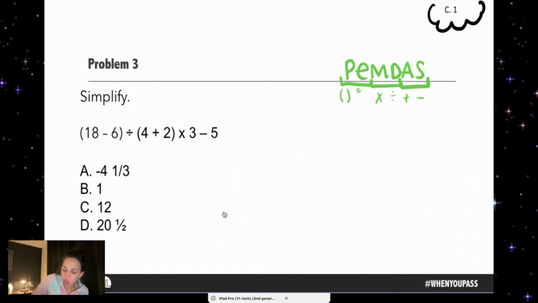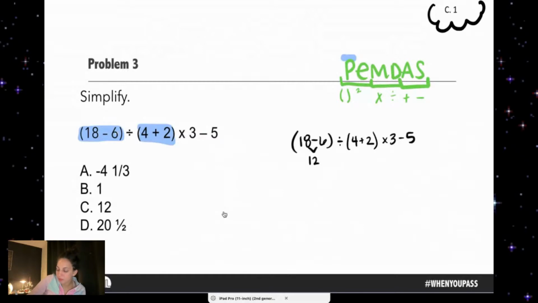So I'm going to solve parentheses first because that is what comes first in PEMDAS. And there's no exponents. So I'm going to rewrite the problem so I have enough room. 18 minus 6 is 12.